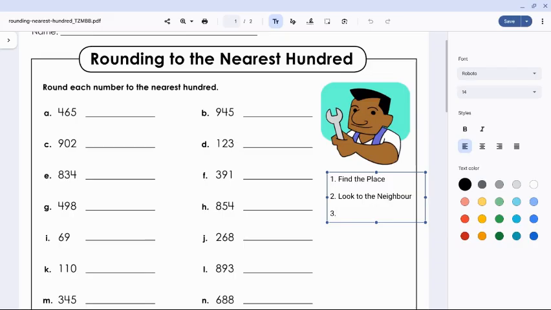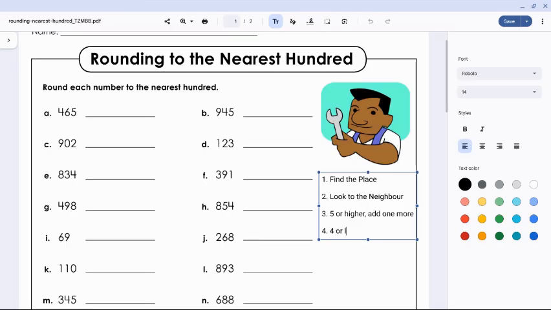And then if it's 5 or higher, we add one more. And if it's 4 or less, we let it go.